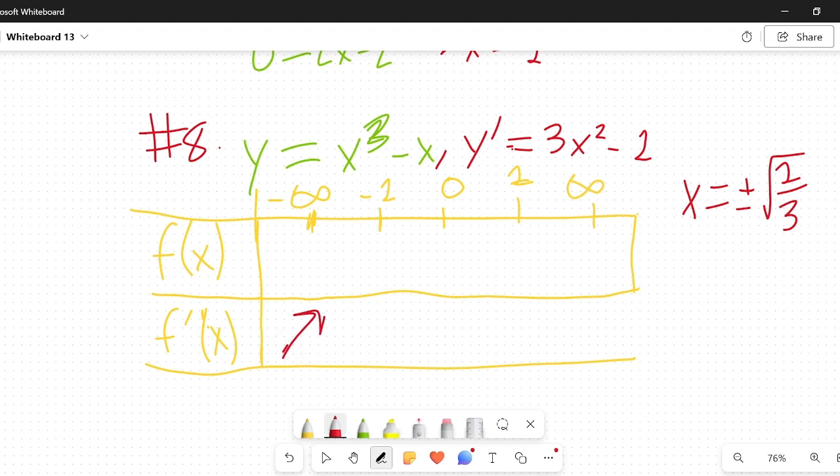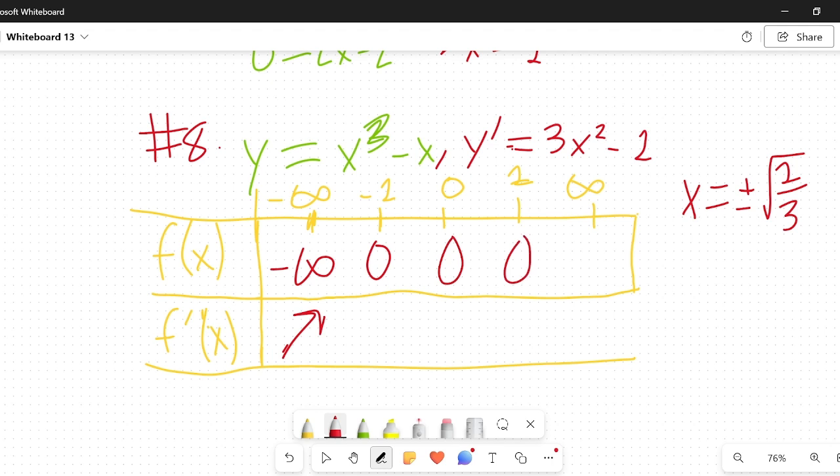And also, if we plug in negative infinity into the original function, it's going to be super low, approaching negative infinity. And then at -1 it's going to be 0, and at 0 it's also going to be 0.